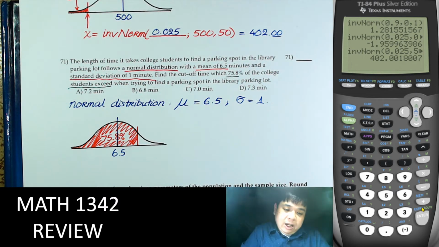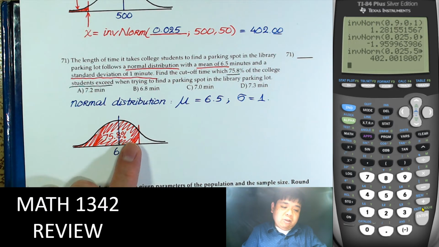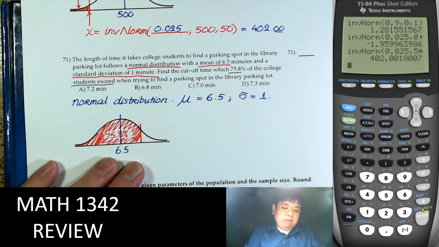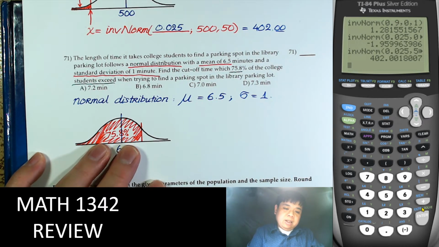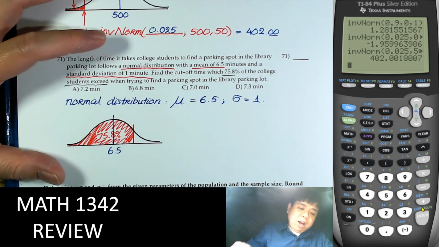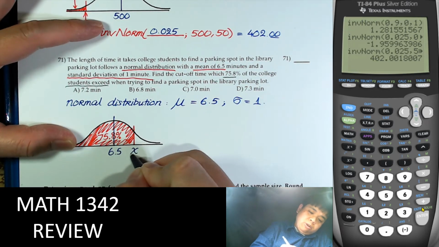So that's not very clear, but the cutoff time which 75.8% of college students exceed. So 75.8% of students will have to exceed in that time.